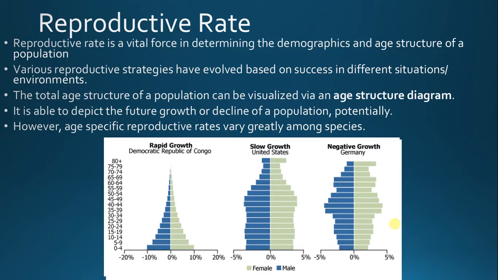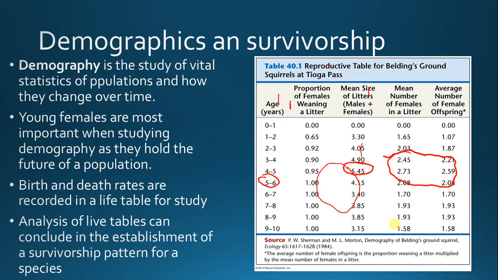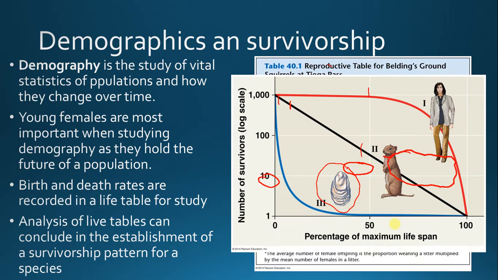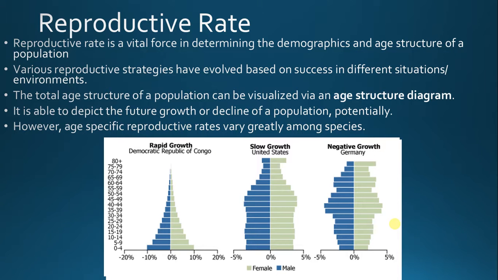So reproductive rate, like we saw with the life table, is very important for the dynamics of a population. So it's a vital force in determining demographics and the age structure of a population. Various reproductive strategies have evolved based on success in different situations and environments.